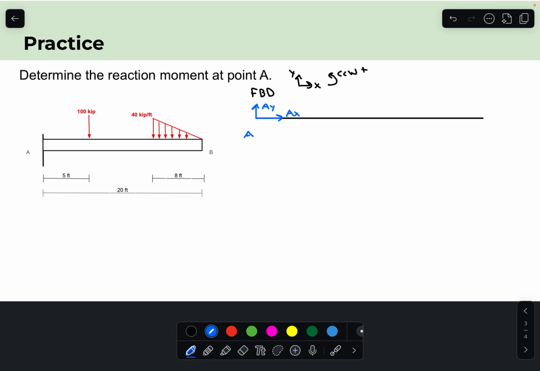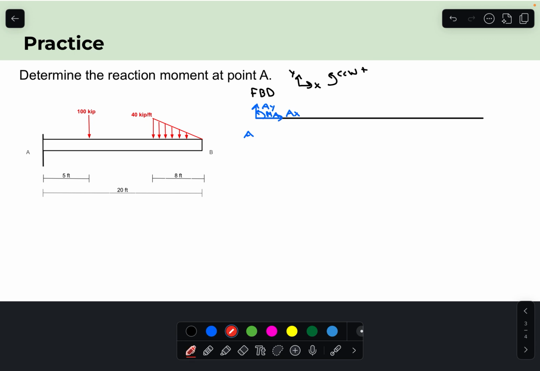Additionally, we are going to have a reaction moment, MA, to counter the forces on the system. Because it is cantilevered, it cannot rotate or translate in any of those directions.